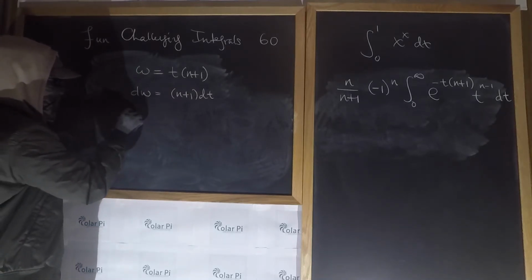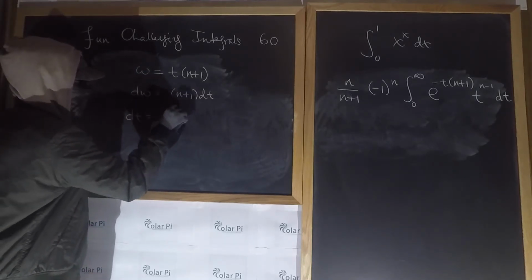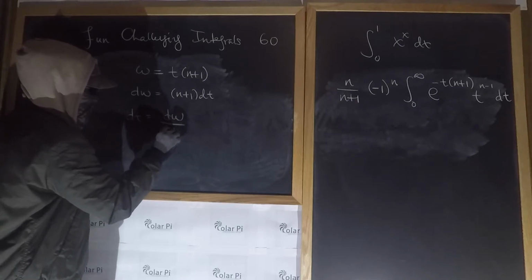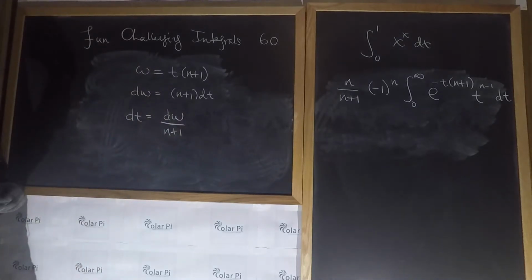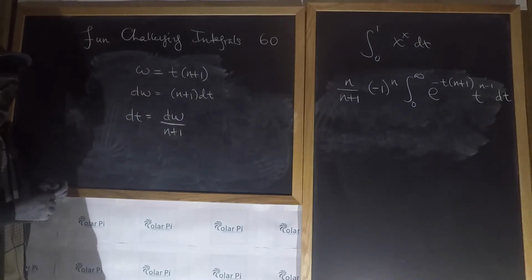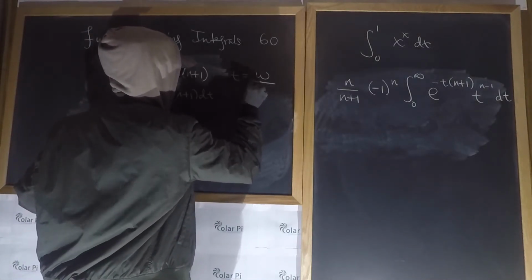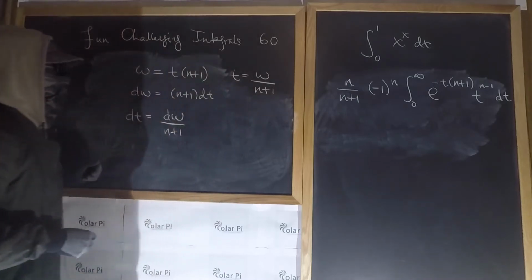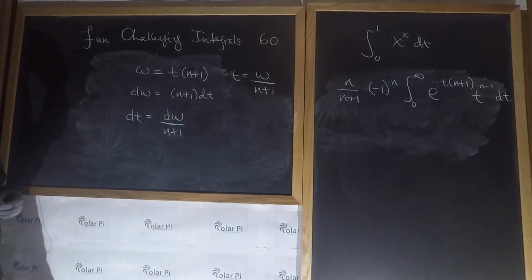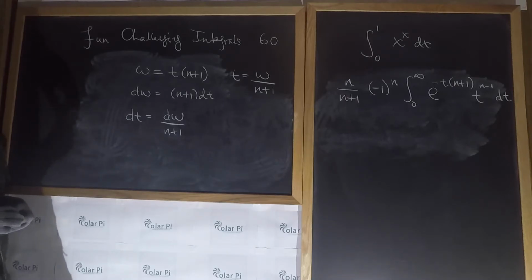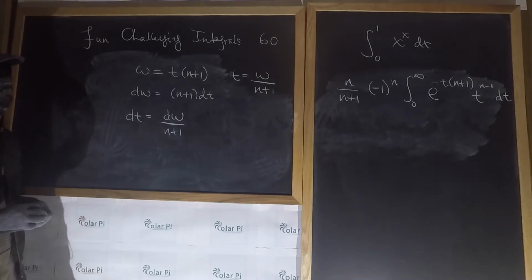So dt is going to equal dw divided by n plus 1, right? Furthermore, t is going to equal w divided by n plus 1, right? And I believe that's everything we need to start substituting, right?